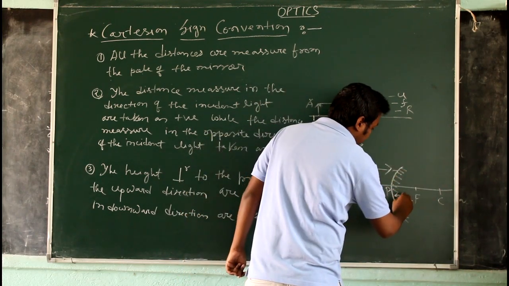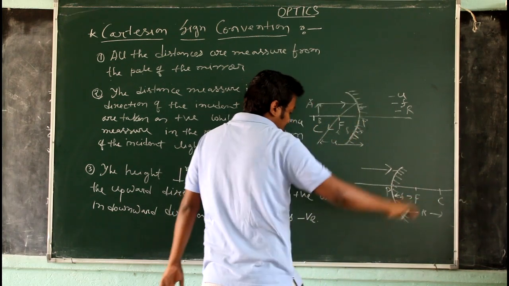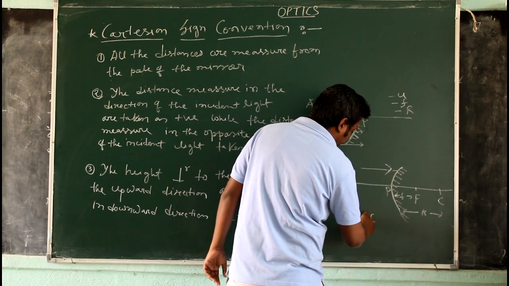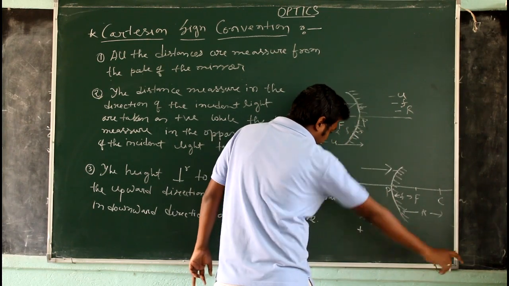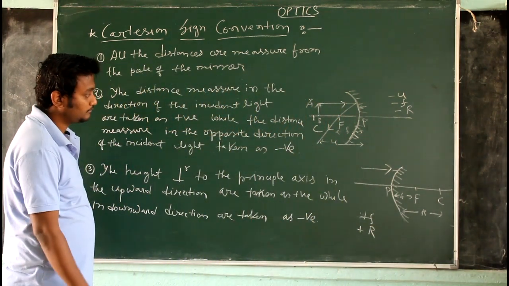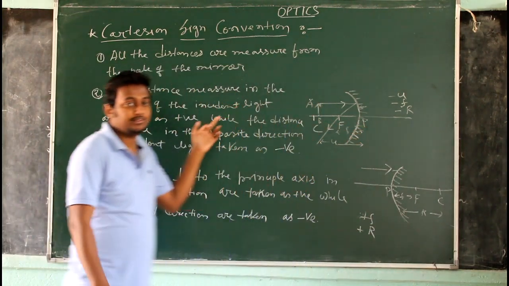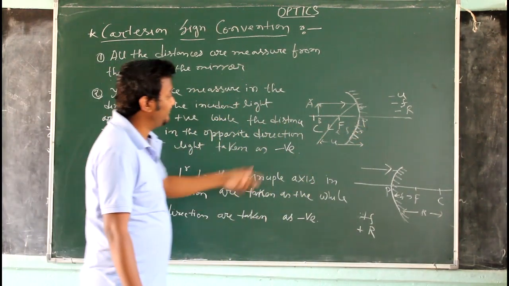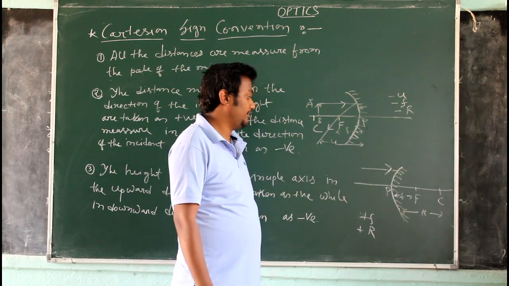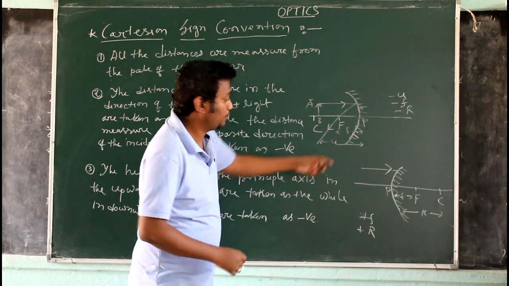So if this is F and this is R, then F will be on my right hand side, so it will be plus F, and likewise R will be plus R. So distances taken in the opposite direction of the incident ray are negative, and in the same direction of the incident ray are positive. This is very important.